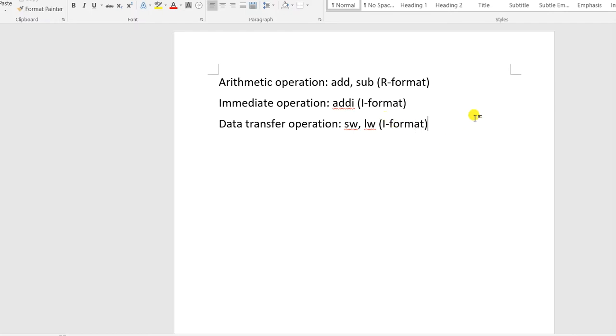So in today's class, we will learn another type of operation called the logic operation. Okay, and this logic operation will learn the following few types: shift logic, bit by bit AND logic, bit by bit OR logic, and bit by bit NOT logic.